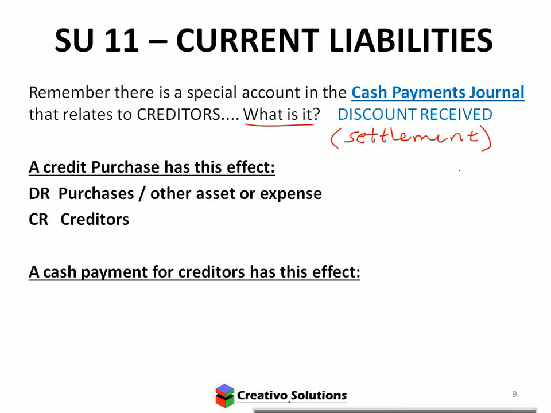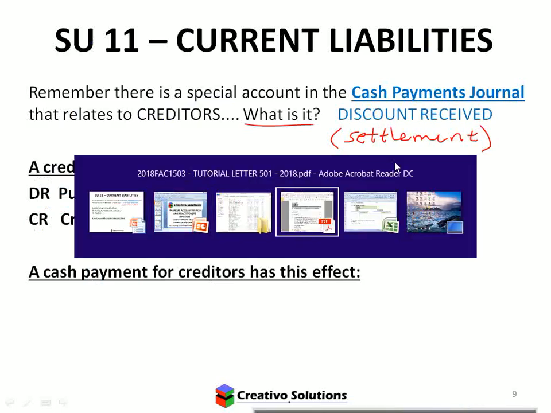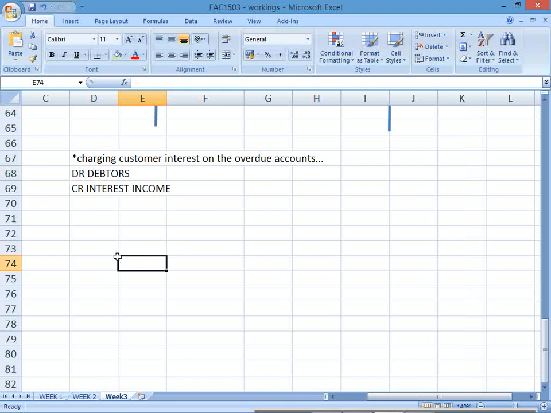Okay, so can you guys quickly write down paying a creditor? Debit, credit, what? What do we have? Credit your creditor.